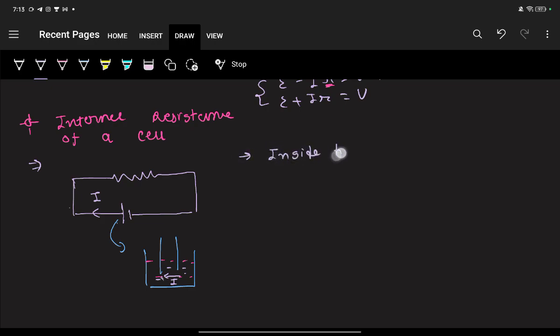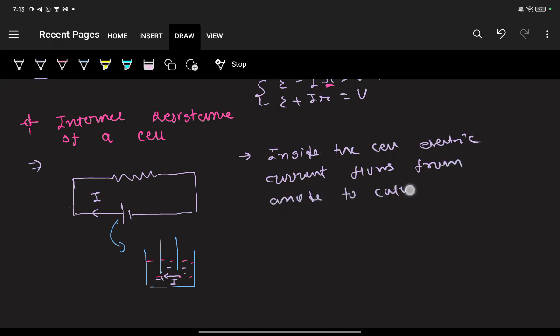Inside the cell, electric current flows from anode to cathode inside the cell through the electrolyte so as to maintain a continuous flow.